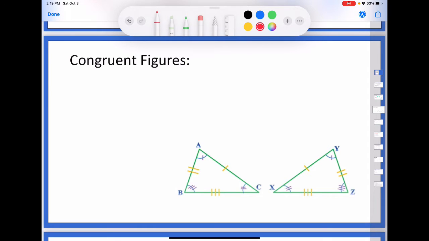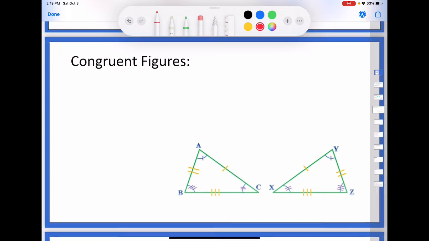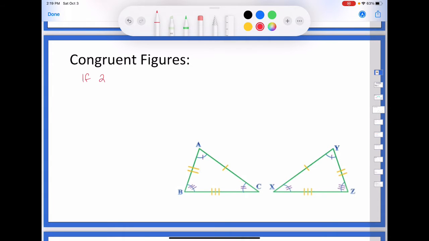So as you can see in our warm-up, we talked about congruent when all the corresponding parts were congruent, right? So congruent figures are the same size and the same shape, but in our better words, if two figures are congruent, then all pairs of corresponding parts are congruent.